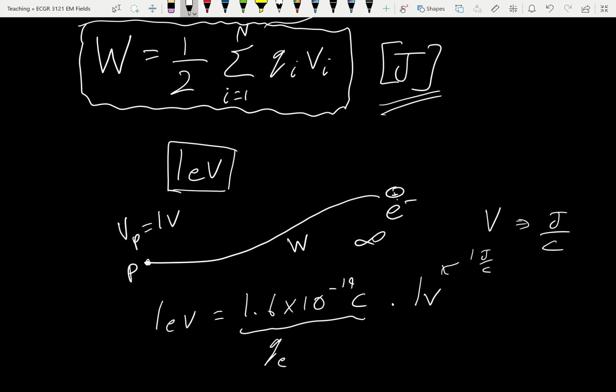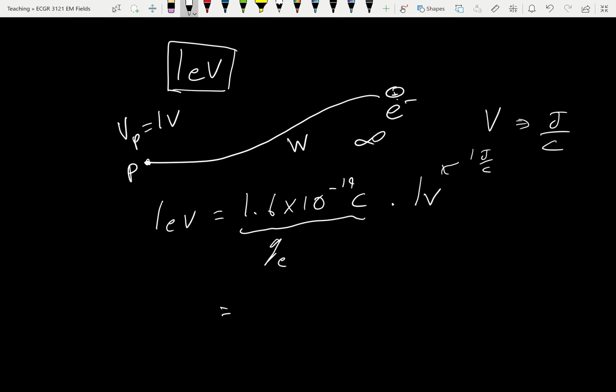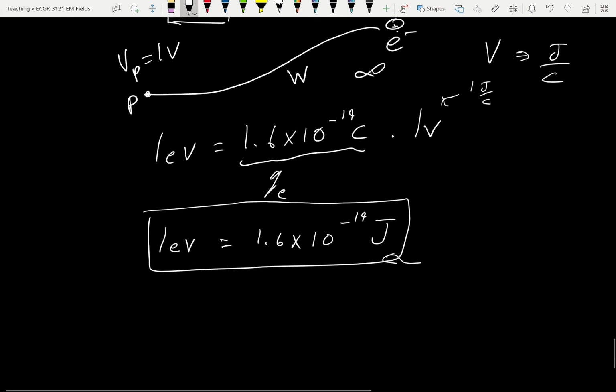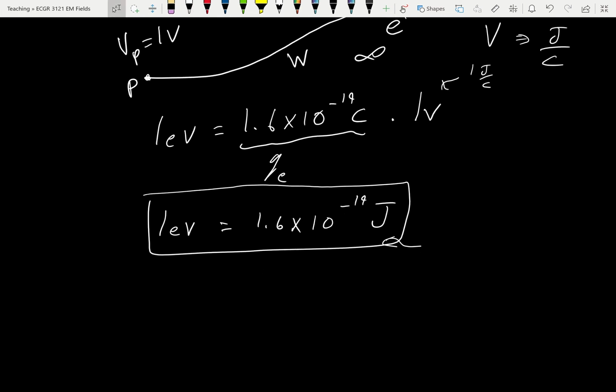That gives me the amount of energy in 1 electron volt, which is 1.6 times 10 to the minus 19 joule. So it's a very small quantity of energy. You'll see it much more used in atomic physics or particle physics instead of joules. Joule is a humongous unit.